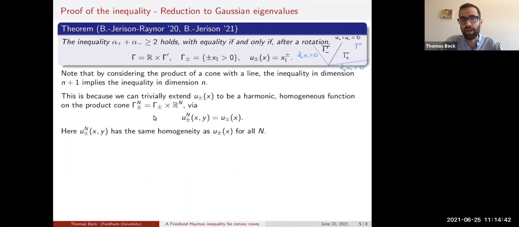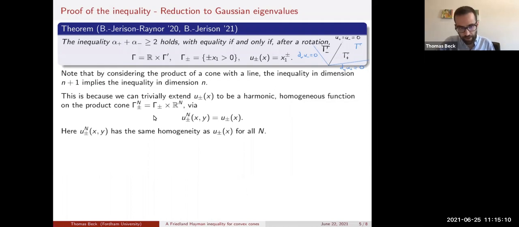So what this means is that if we can prove the inequality in a higher dimension, then for free, we get all the lower dimensions below it. Another way of saying that is that this inequality is getting stronger as we move up in dimension. Somehow this inequality should be getting harder to prove as the dimension increases, because each time we increase the dimension, we're getting all the lower dimensions for free.